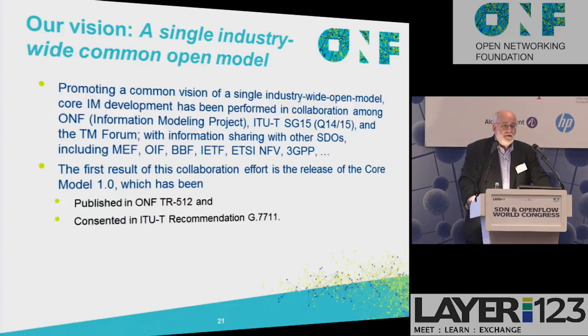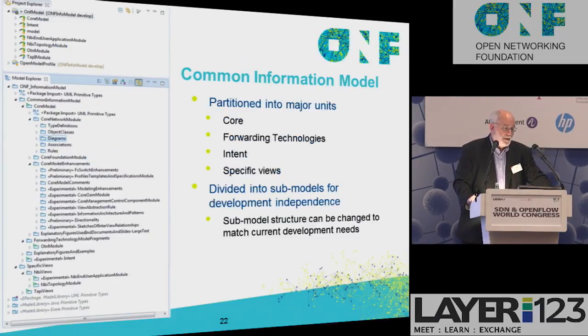And the first result of all this collaborative work we've been doing is the release of the Core Model 1.0, which is published both in the ONF and consented in the ITU-T as a recommendation, G.7711. So this right here is just a representation of what the UML language for the model looks like. I'm not going to get into any detail because I don't have the time.